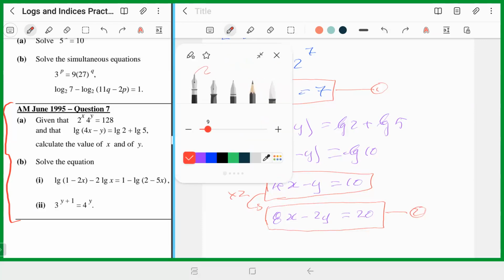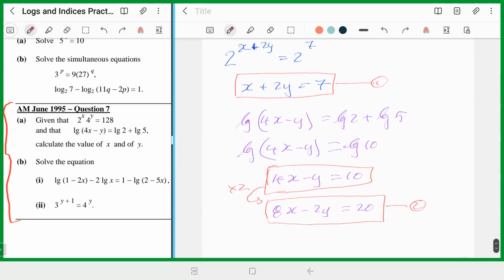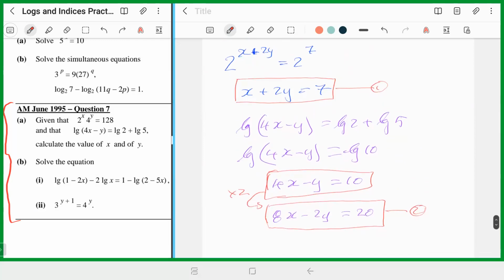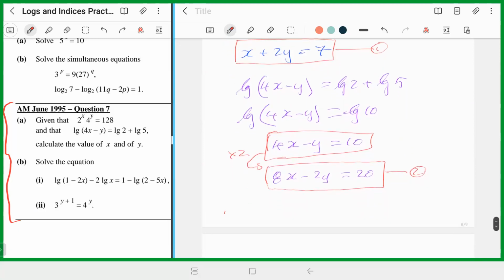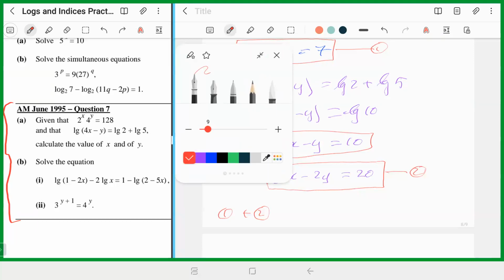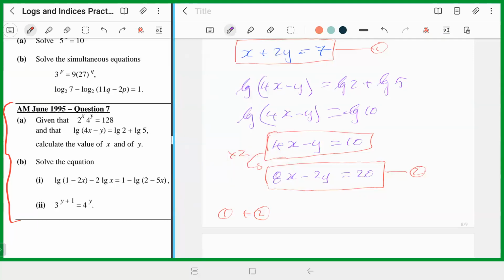So next I'm going to add 1 and 2. The equation 1 plus 2, I'm going to end up getting x plus 8x is 9x, the 2y and the minus 2y are eliminated, equals 7 and 20 is 27.